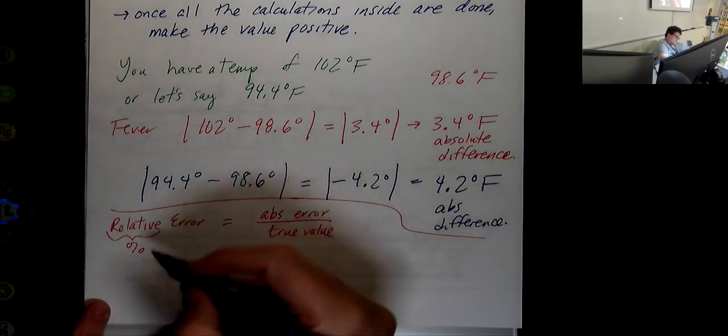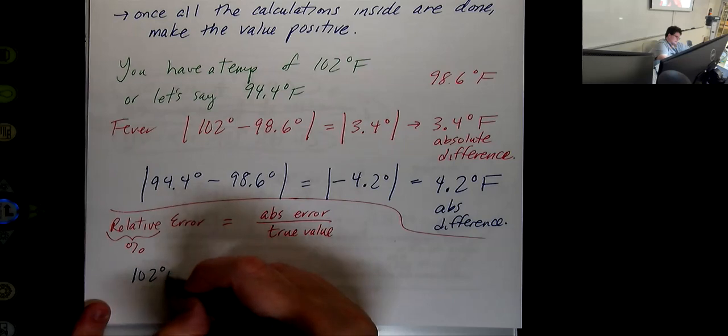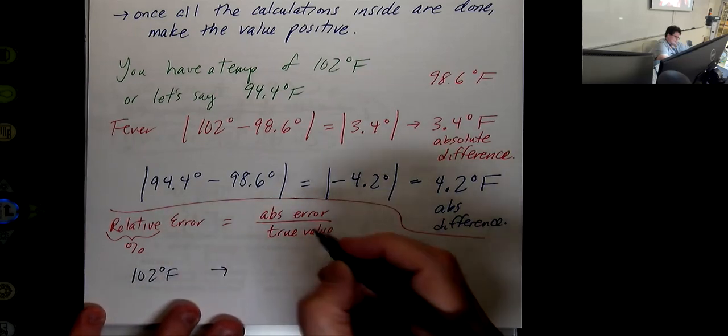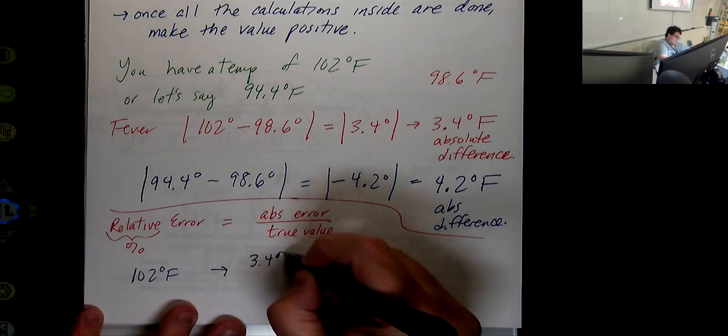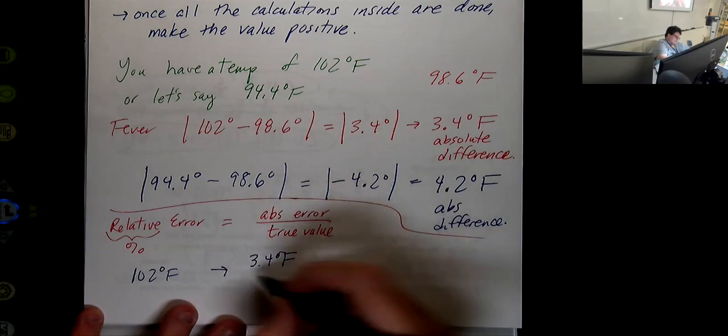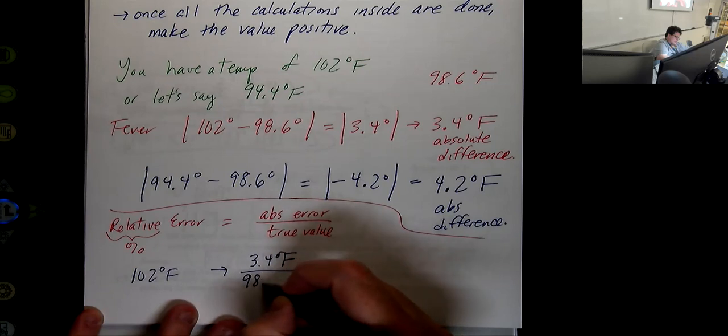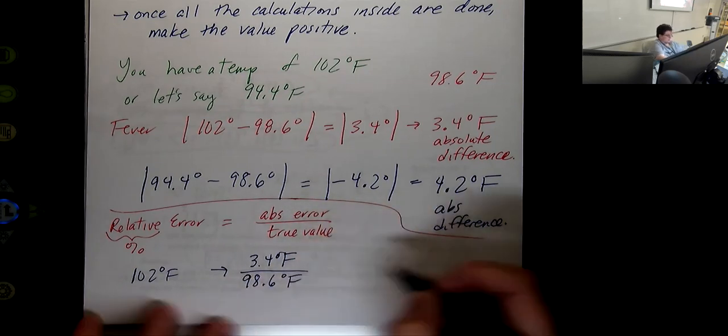So for the 102 degrees Fahrenheit, my absolute difference was 3.4 degrees. I'm going to take the 3.4 degrees Fahrenheit and divide by the true value of 98.6.